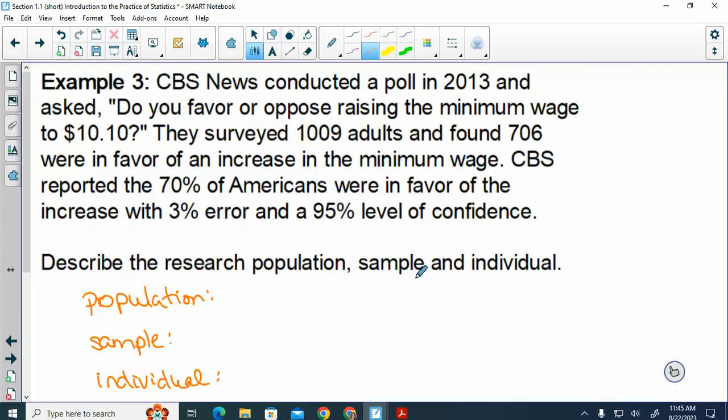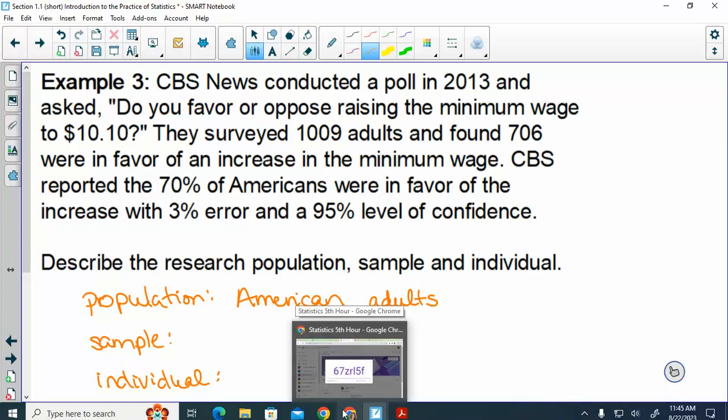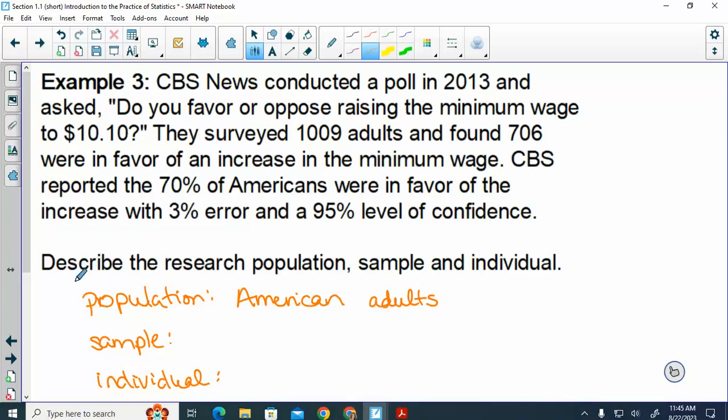So what do you think? What would be our population? Americans. More specifically, American what? I don't really care what my 6-year-old has to say on the topic, just the adults. What would be the sample? 1,000.